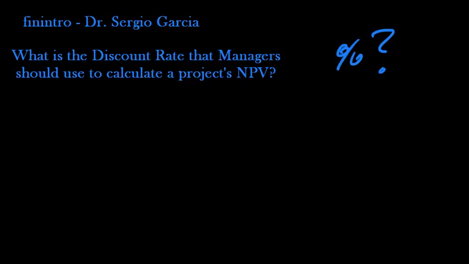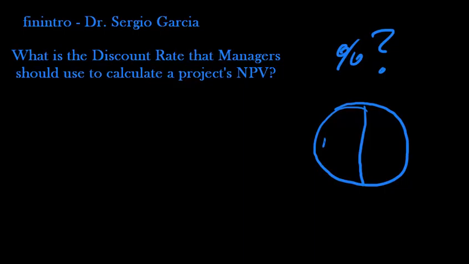Before we answer this question outright, let's talk about what capital structure looks like as a whole. There are two places where money can come from a firm. They can come from equity, or it can come from debt.